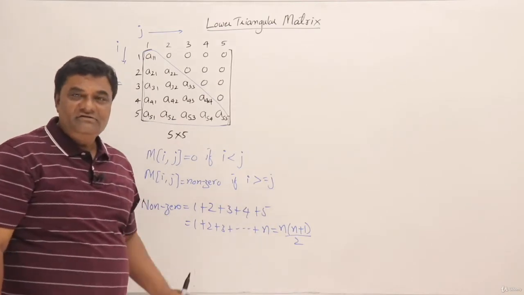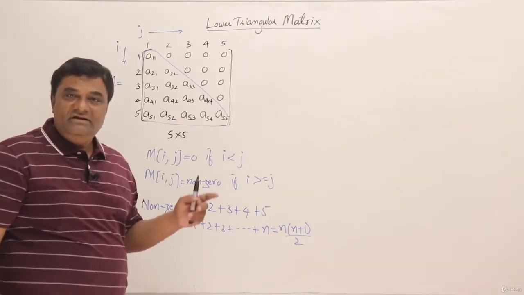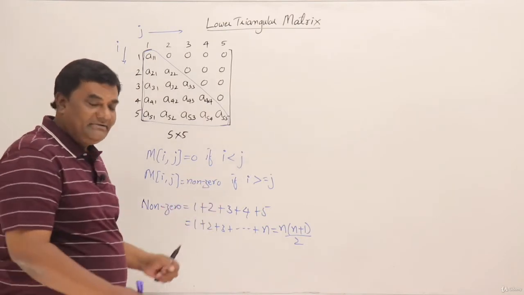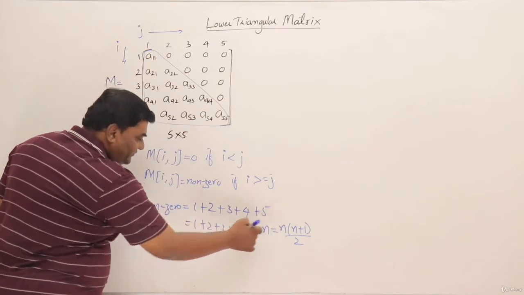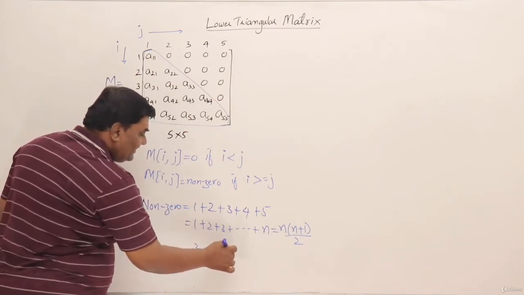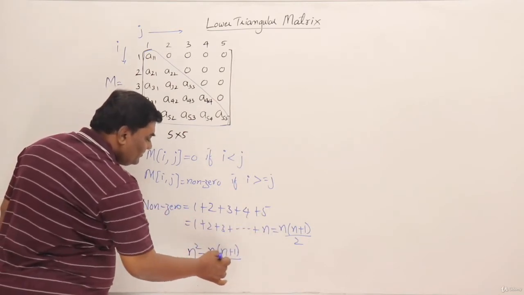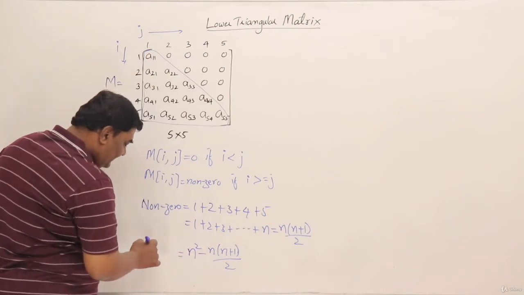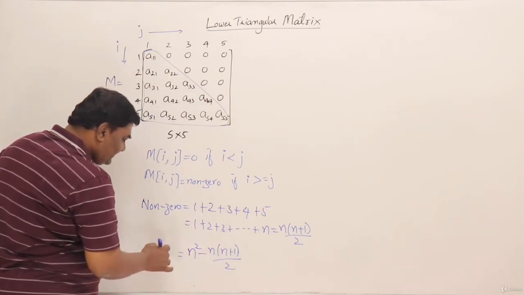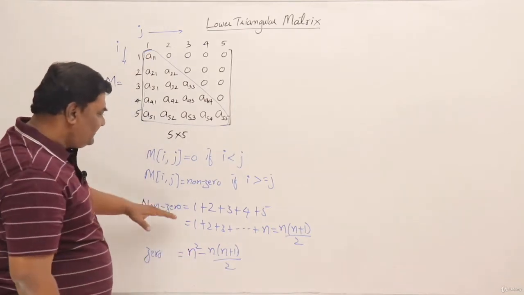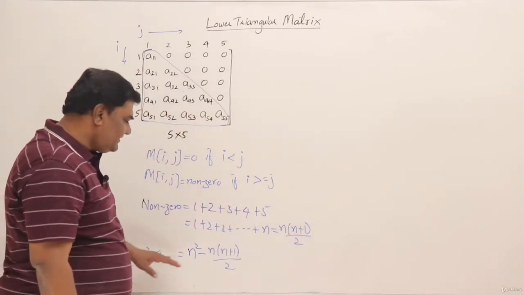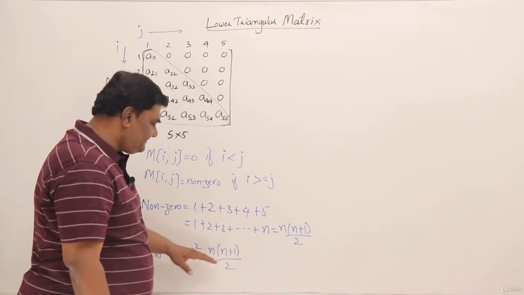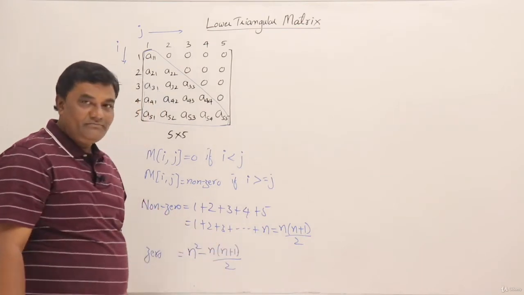These many elements are non-zero. In a matrix, total n square elements will be there, and non-zero elements are n into n plus 1 by 2. So if I subtract this, then I get the 0 elements. So non-zero elements are n into n plus 1 by 2, and 0 elements are n square minus n into n plus 1 by 2.